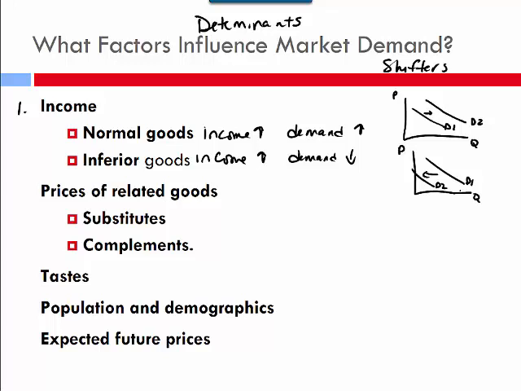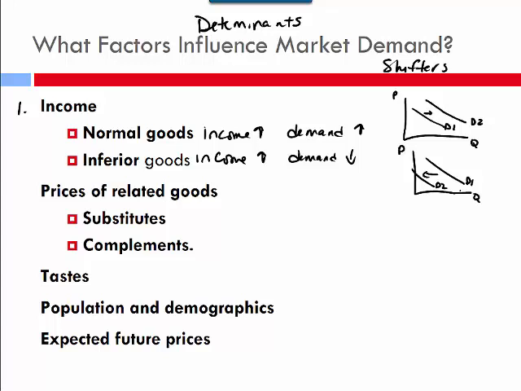Different products will be different, normal and inferior for different people. For example, McDonald's. It could be that you eat at McDonald's once a week because that is all you can afford, and as soon as you get a higher income, you don't want to eat at McDonald's anymore at all. You're going to go to Red Lobster, okay, instead, for your once a week out.